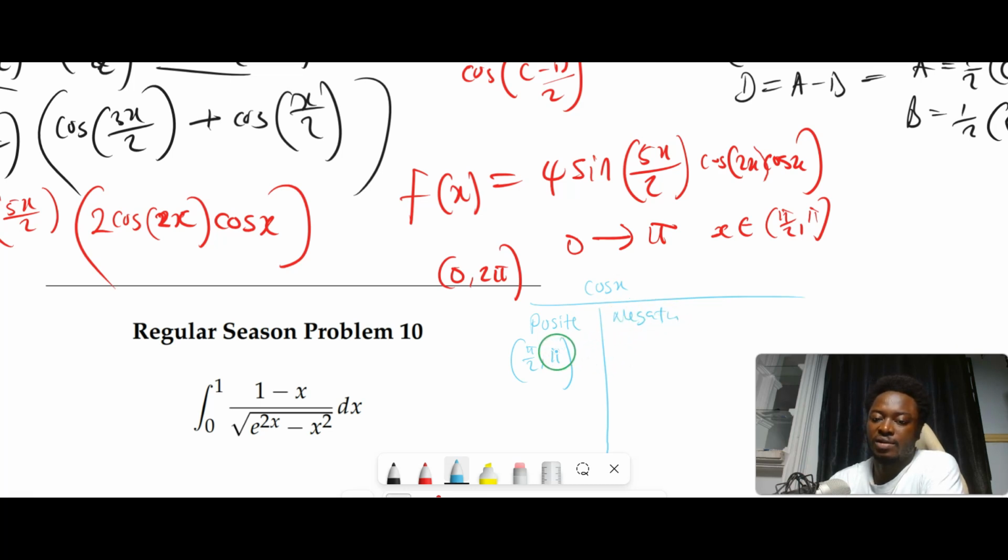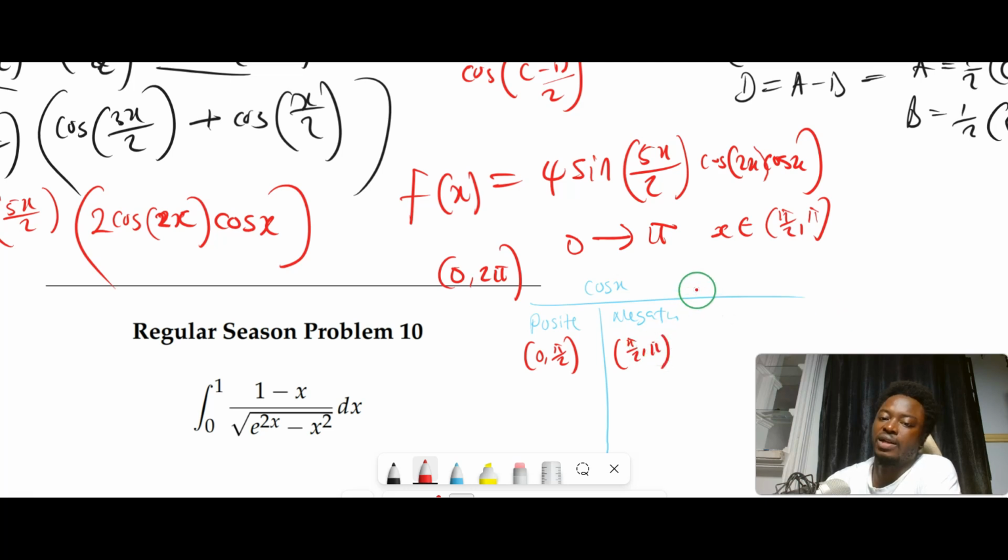Cosine of x is positive from 0 to pi over 2 and negative from pi over 2 to pi.